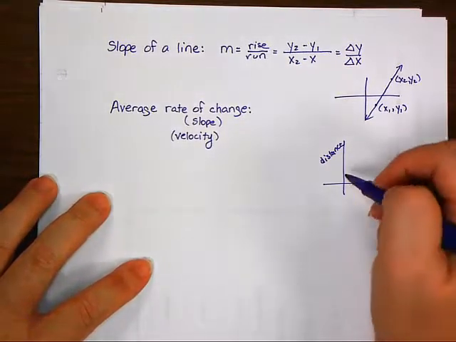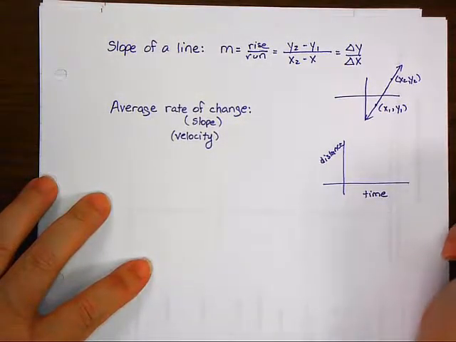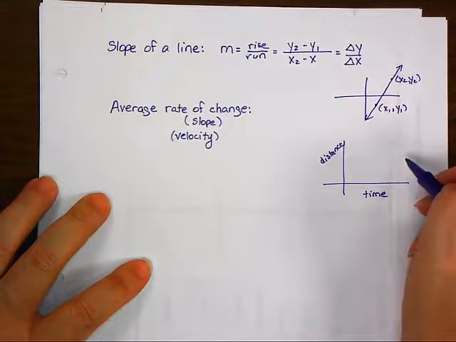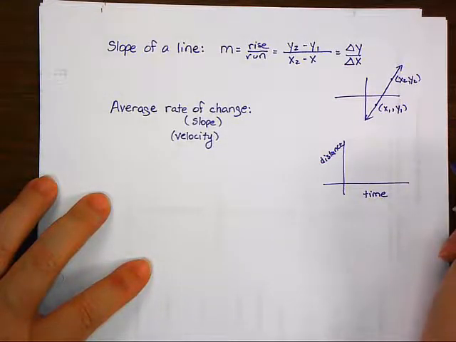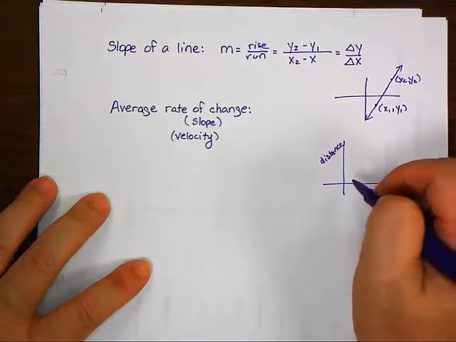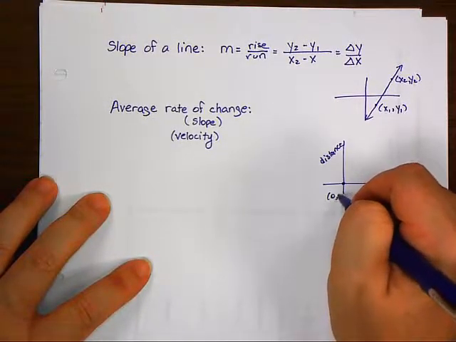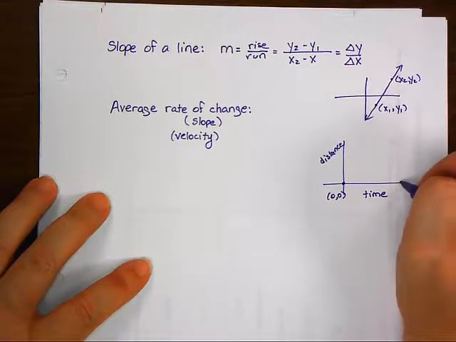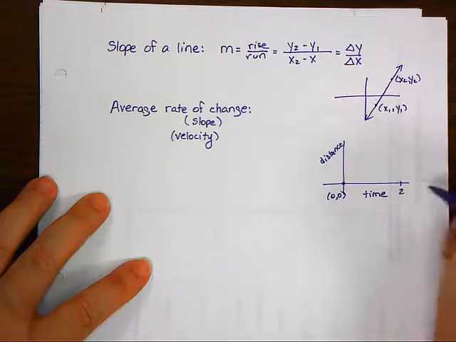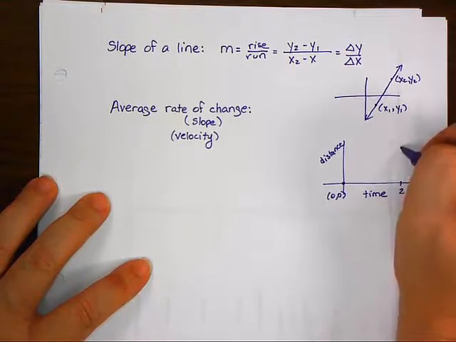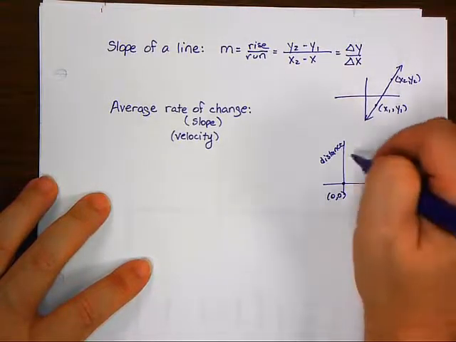And you go a distance of 120 miles in 2 hours. Okay, so at time 0, you're still at home. So that point is 0, 0. And 2 hours later, which we're going to say is 2 hours here, you have gone a distance of 120 miles.